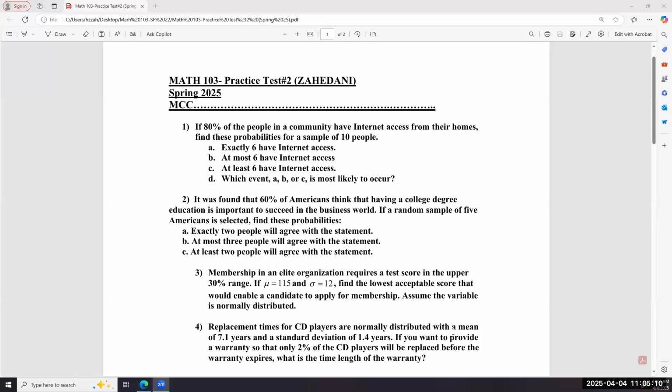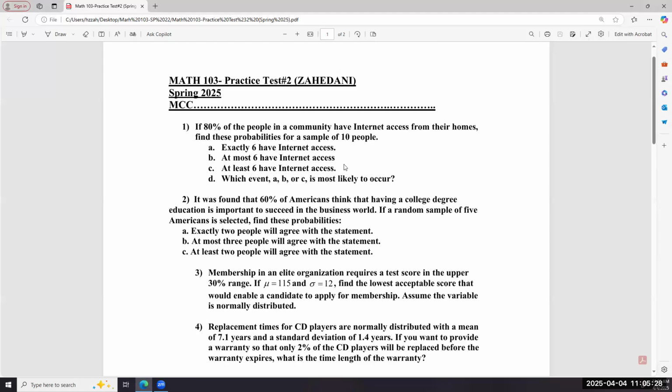Then I have to stop here to just explain the problem for you. Let me tell you what the problem is.